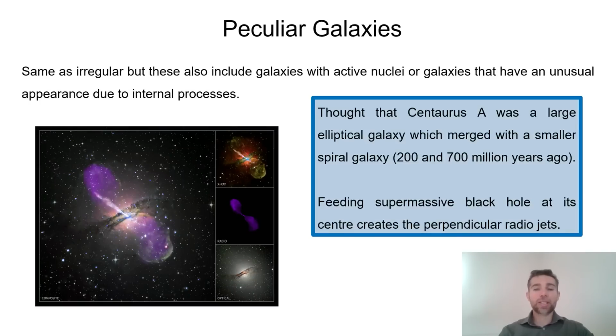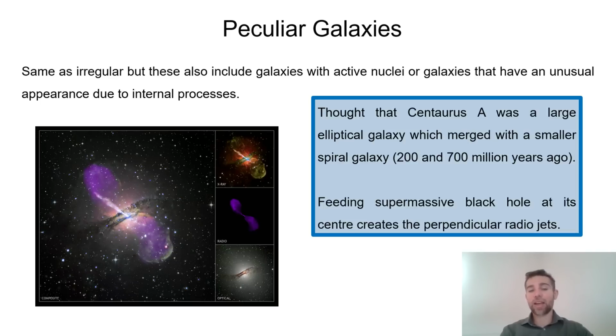Now, peculiar galaxies are kind of similar to irregular, but these also include galaxies that have got active galactic nuclei, or they have an unusual appearance due to an internal process. Again, they're probably shaped by their black hole. Now, this is Centaurus A. It's a large elliptical galaxy. It merged with a smaller spiral galaxy a few 100 million years ago.